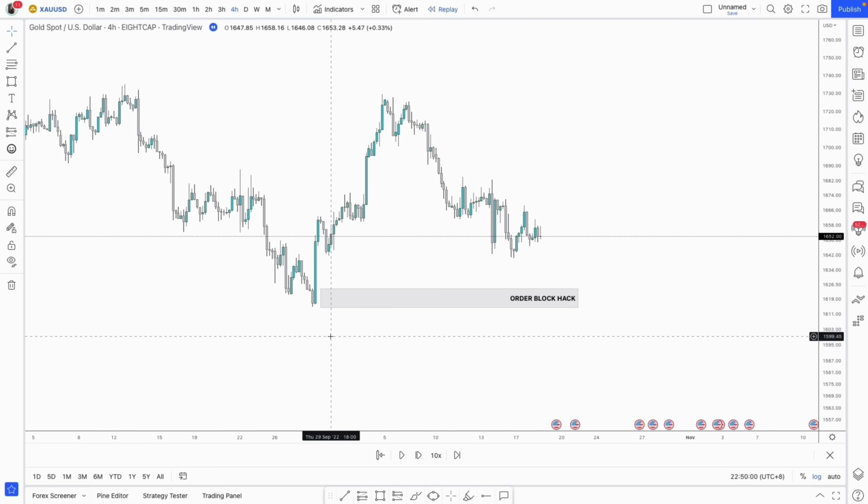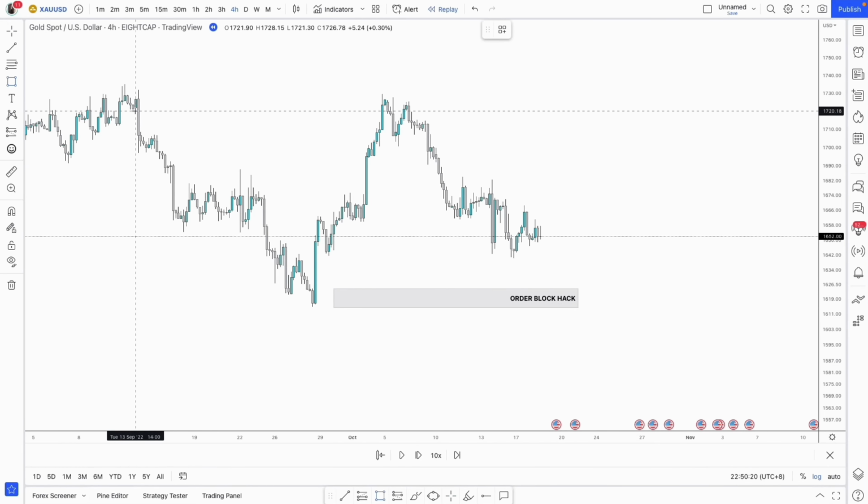That wall represents the orders from the banks and financial institutions. So what we can now identify is where the banks and financial institutions have their orders in the market, and that can be seen as a sell to buy or a buy to sell.